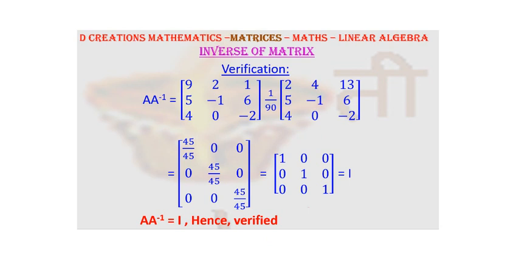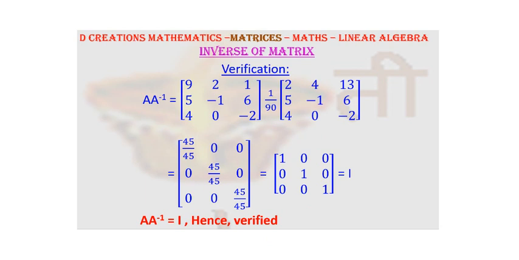So I want you to take product of these two, and we have already learned matrix multiplication in the previous episode. So quickly take the product. You can pause the video till you are doing that. Once you are done with it, you can cross check that it comes out to be the identity matrix.